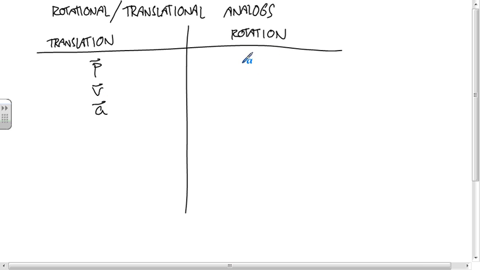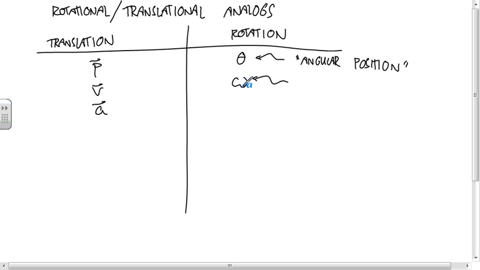And with rotational kinematics, we're going to talk about this quantity, that's an angle theta, that I'm going to call the angular position. Omega, that's a lowercase Greek letter omega.